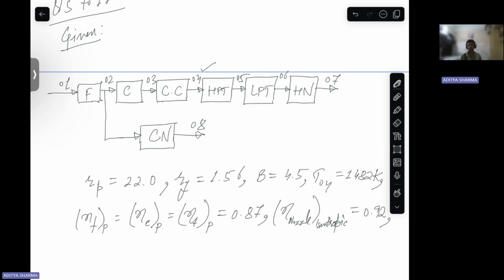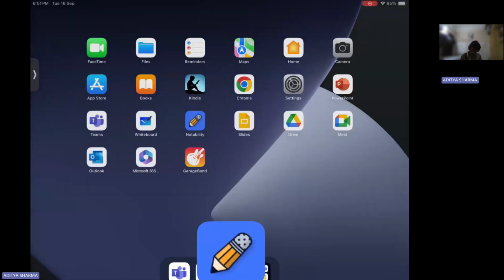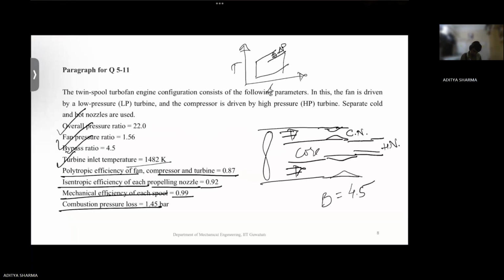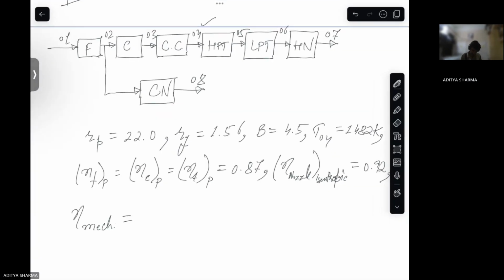This is for the spool arrangement, mechanical efficiency of each spool, which is 0.99.